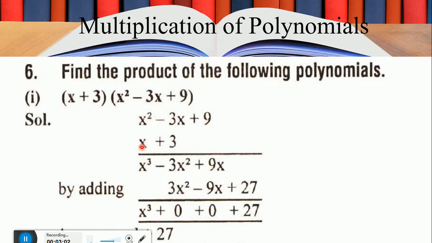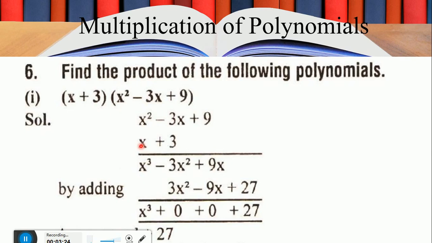The exponent of this x is 1 and the exponent of this x is 2. So when we multiply x square with x, we add their exponents, so it becomes x cube. x multiplied by x square is x cube.